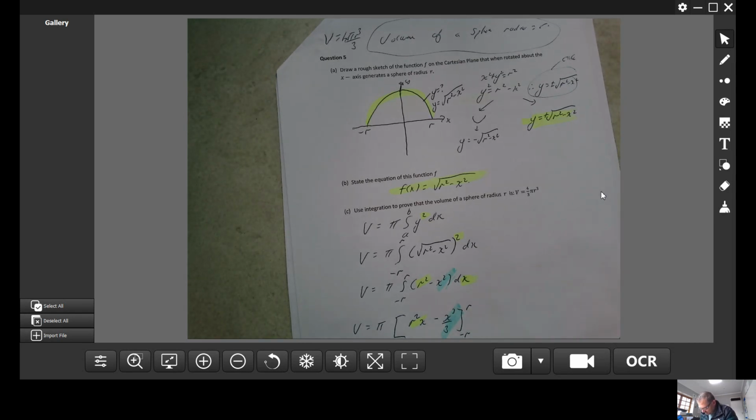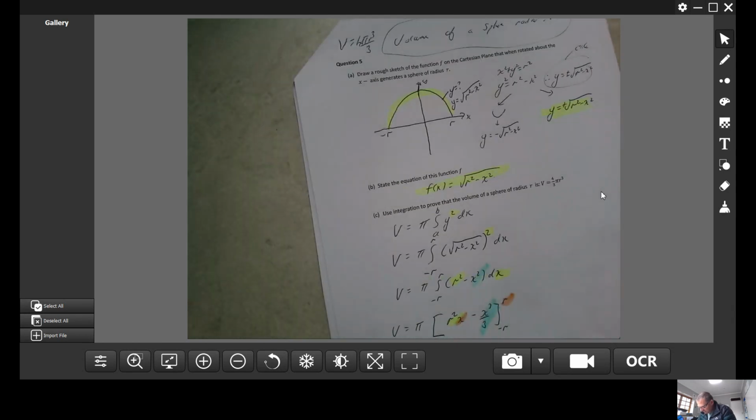So I end up with volume is equal to pi. Replace x with r first of all. I'm going to have r squared times r minus r cubed over 3. Then I've got to minus the whole of, and then replace x with negative r.